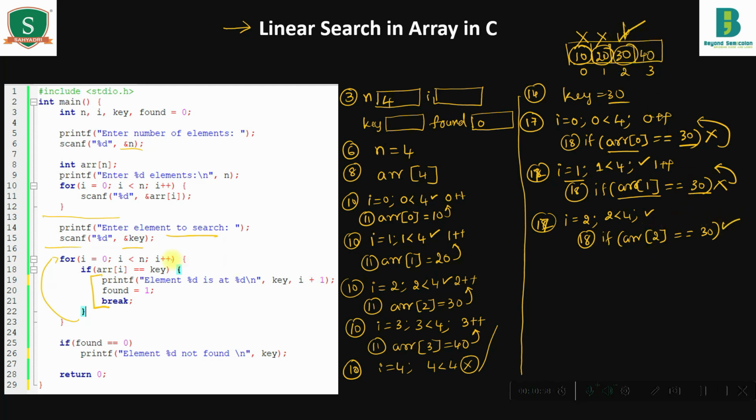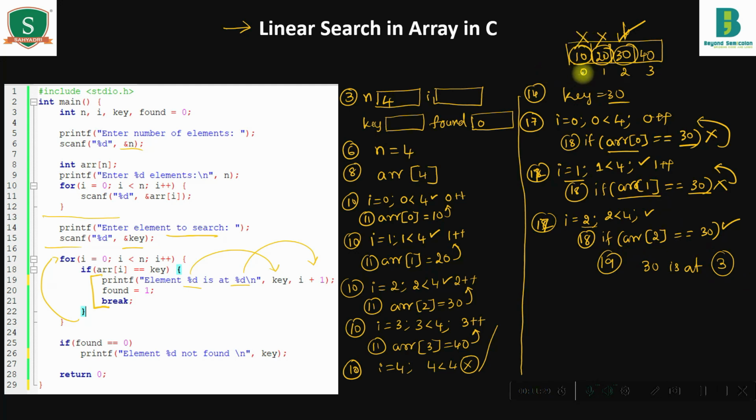The moment the condition is true, it enters inside and reaches the 19th statement. So look at the printf statement: element %d is at %d. The first percentage represents key, and the second represents i plus 1. If you observe, element %d, that is key, is 30, is at, what is the i value right now? 2. So it is at the third position, right?